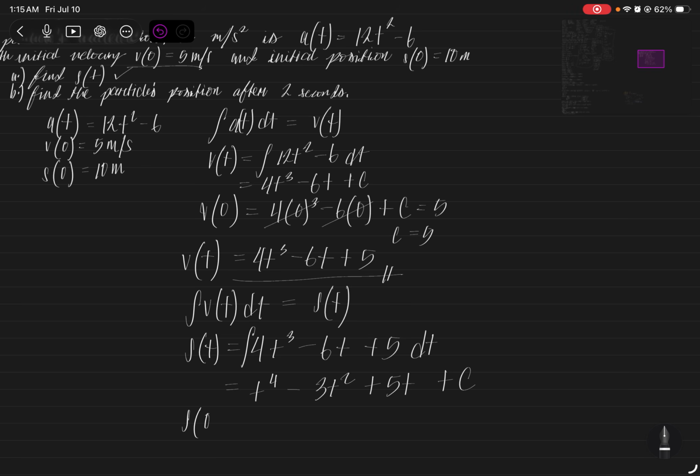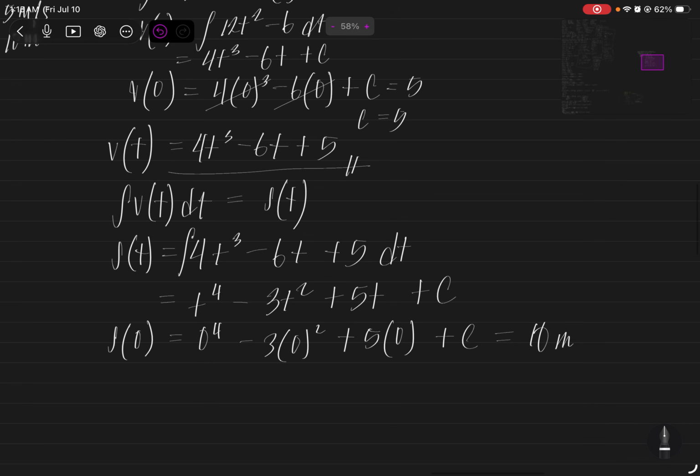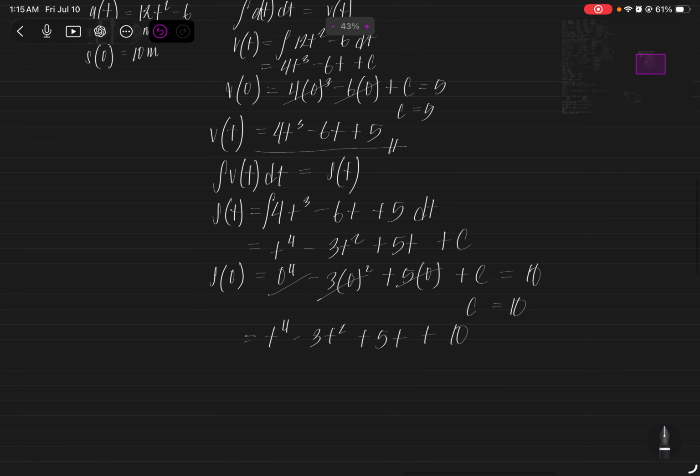So s of 0 equals 0 raised to 4 minus 3 times 0 raised to 2 plus 5 times 0, in which all of those are 0, so we could easily cancel them out. So the constant is equal to 10. So t raised to 4 minus 3t squared plus 5t plus 10.